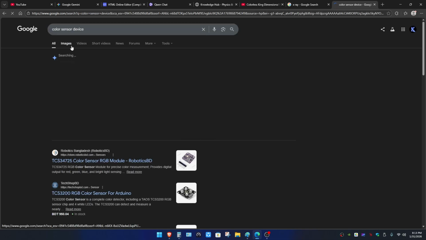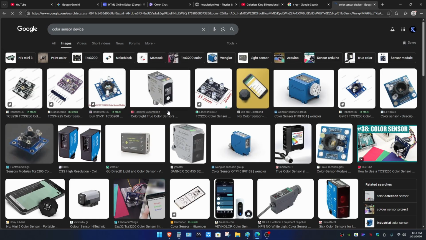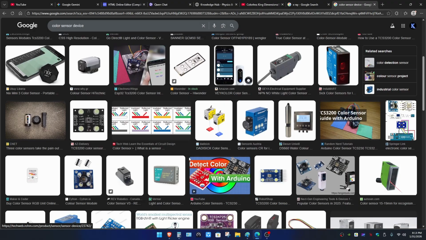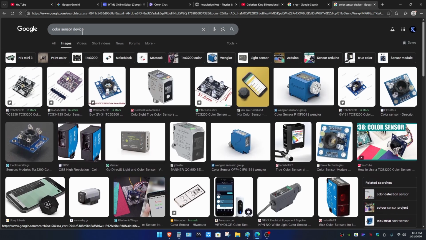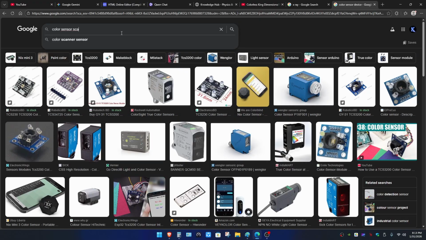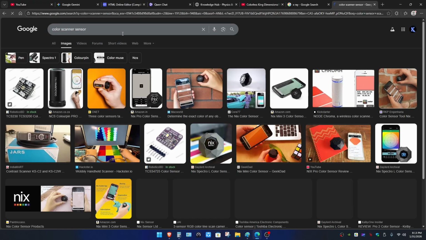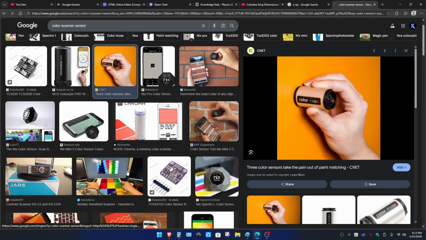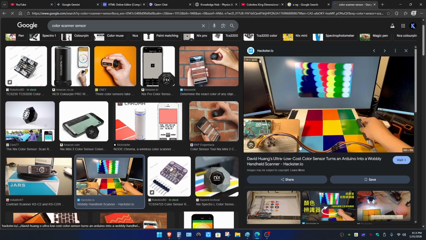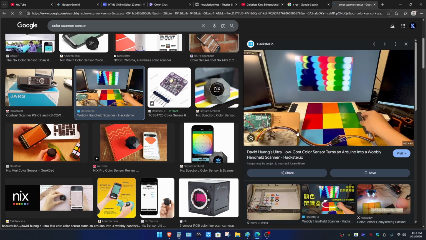In the color sensor device, what happens is, okay, here is the thing. When we try to detect color using a scanner, what does the scanner see?